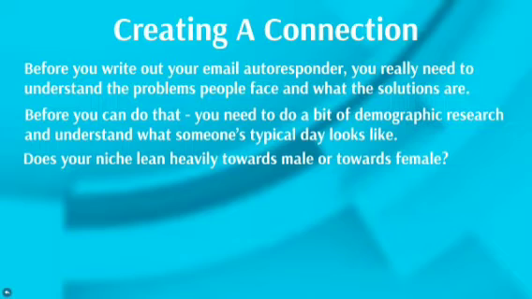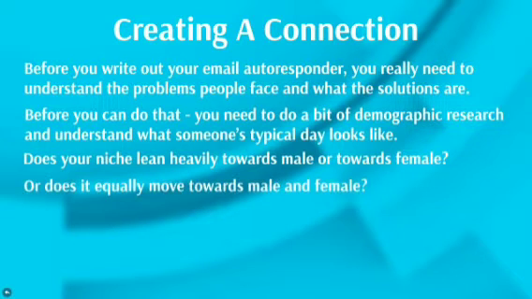So my question to you is, does your prospect within your niche lean heavily towards male or towards female? Or does it equally move towards both? In other words, for it to lean just towards female, let's say that niche is 90% female, or even 95%, or even 75%.